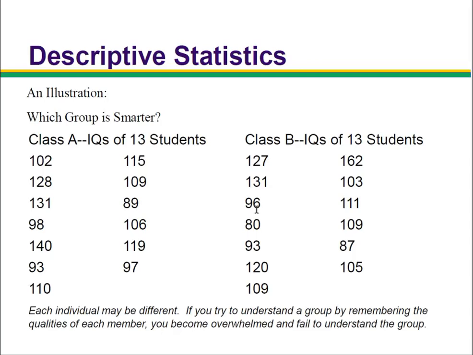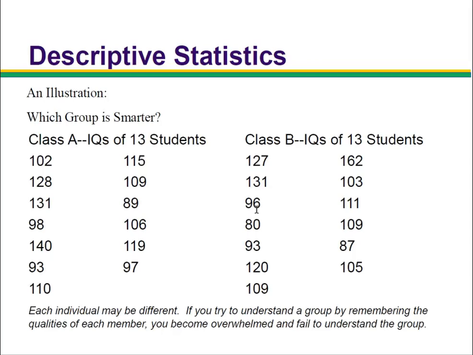Class A has 13 students, and you can see their IQs here. Class B also has 13 students, and you can see their IQs. Now, if I asked you right now which class is smarter, what would you say? Well, it's not clear, right? You're trying to hold 26 numbers in your head and compare them.